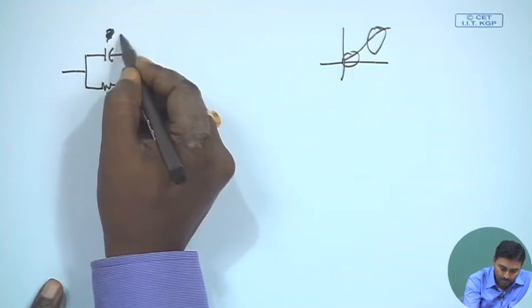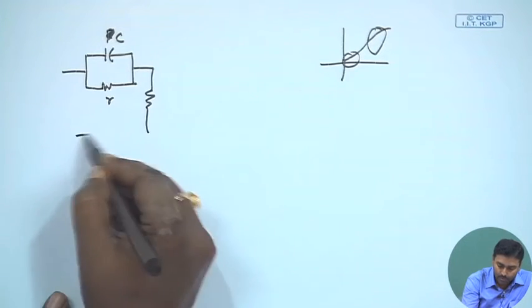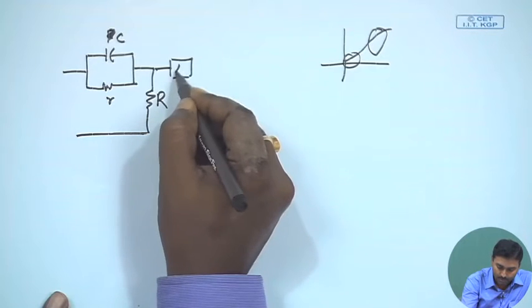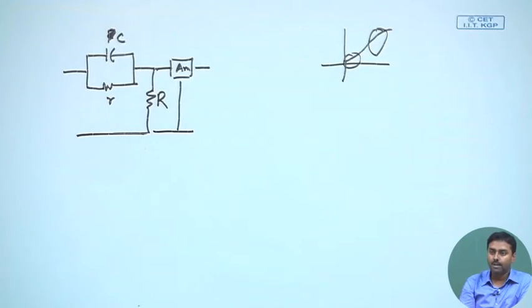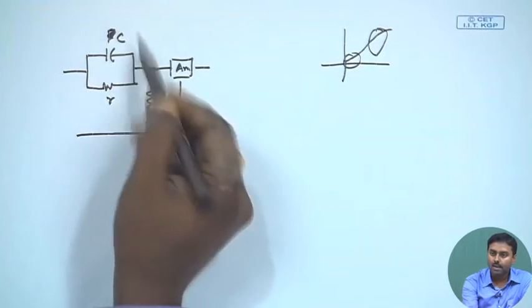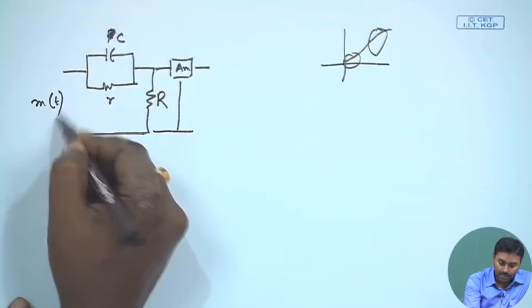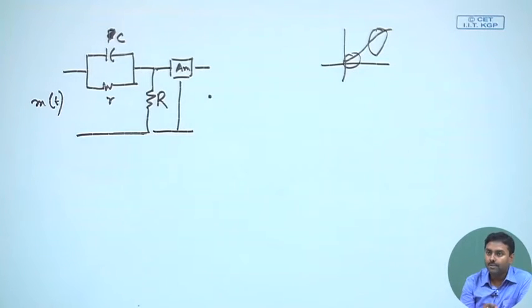So, high pass filter, if we just give one example. This is C, small r, followed by, of course, we have to amplify it also. So, R is the input impedance of the amplifier. Okay. So, this is that high pass filter part. If I put my message signal over here, whatever I get at the output is the pre-emphasized message signal.